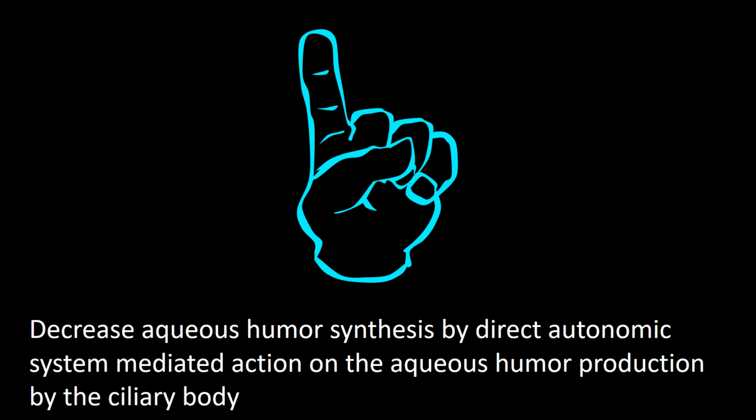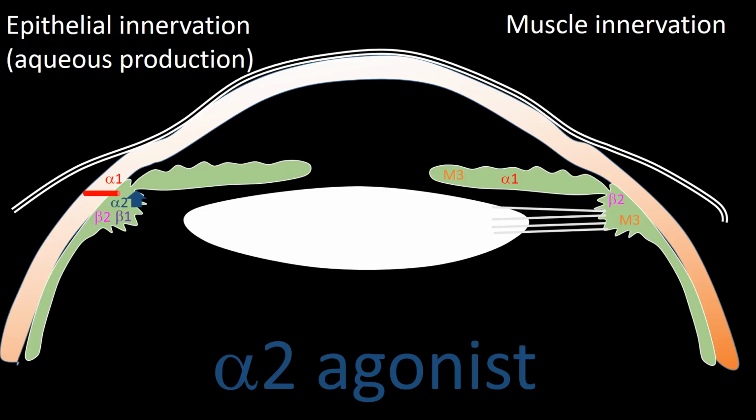This mechanism is employed by alpha-2 agonists. Notice that alpha-2 adrenergic receptors are only present in the ciliary body epithelium.